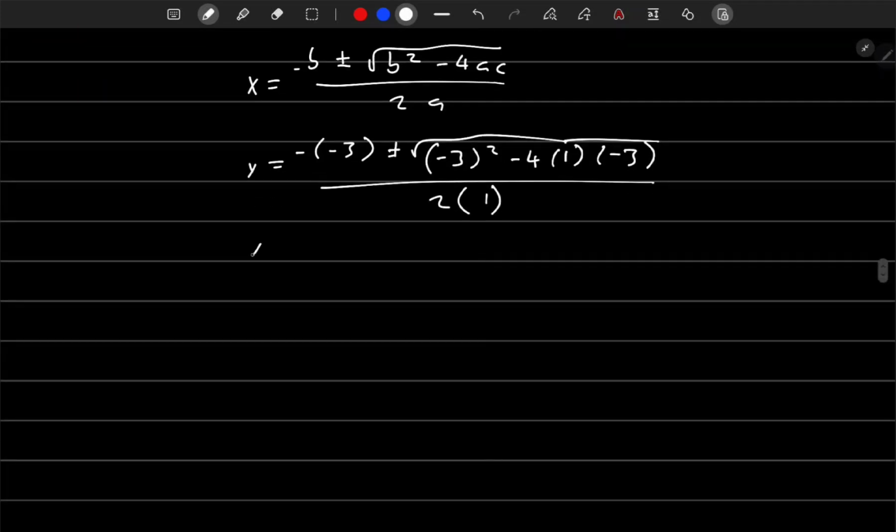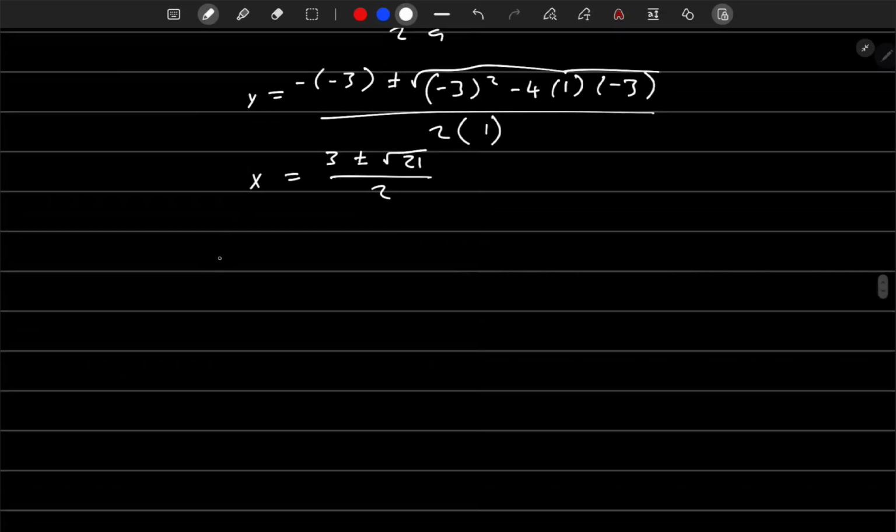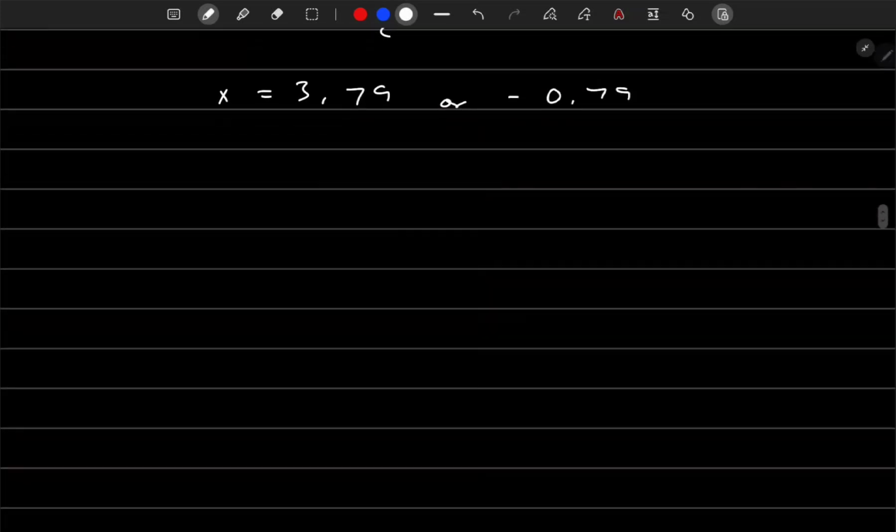So x has two values. When you punch this into your calculator, you see that x is equal to 3 plus or minus the root of 21 over 2. And the two x values that we're going to get for this is x is either equal to 3.79 or negative 0.79. So that's it for the problem.